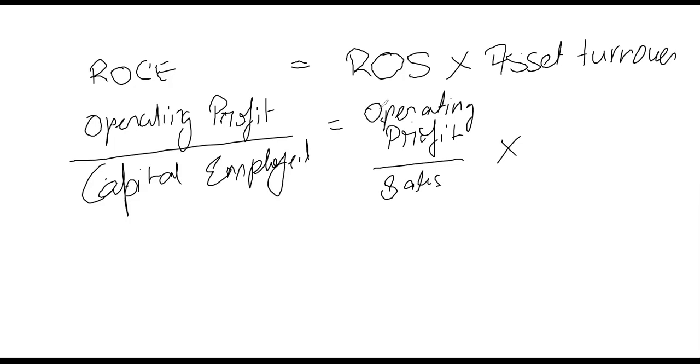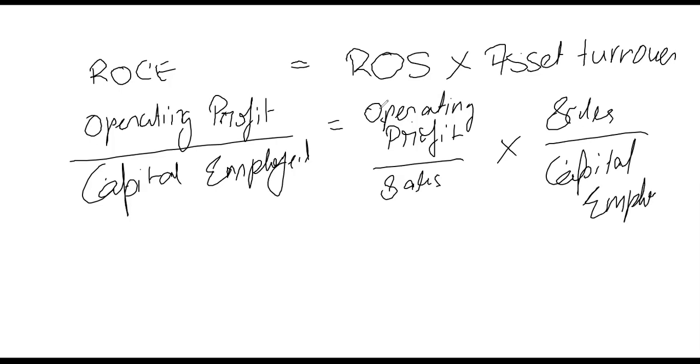And the asset turnover ratio can be interpreted by using the formula of sales divided by capital employed.